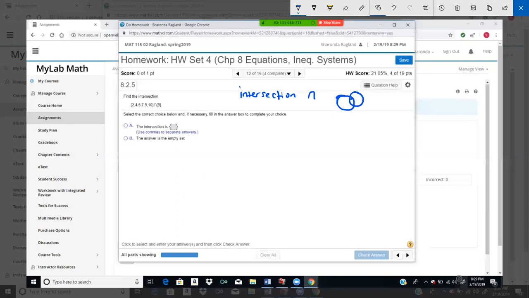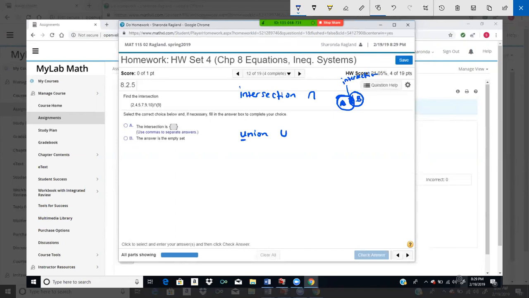When they overlap, that's your intersection. That's what they have in common, what they share. And when you have a union, that's the U, and that's just everything in set A and B. All of it.